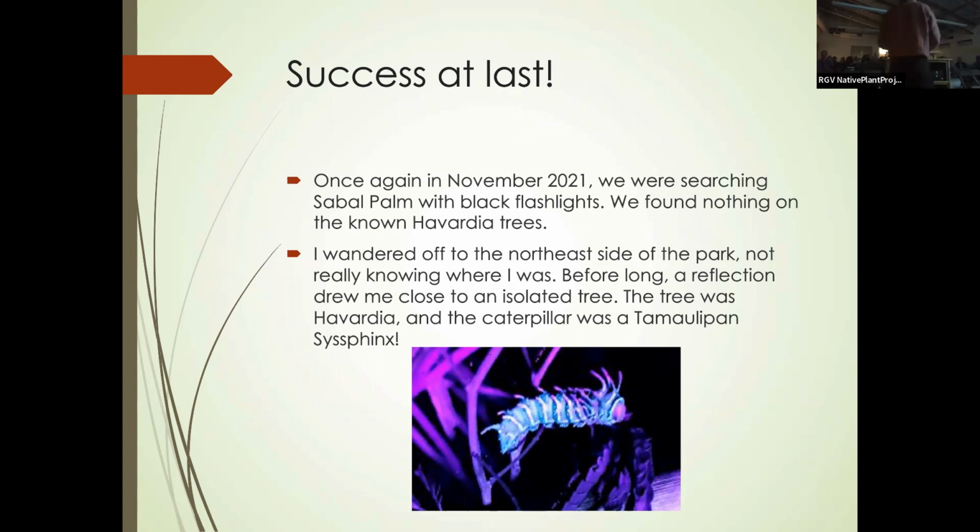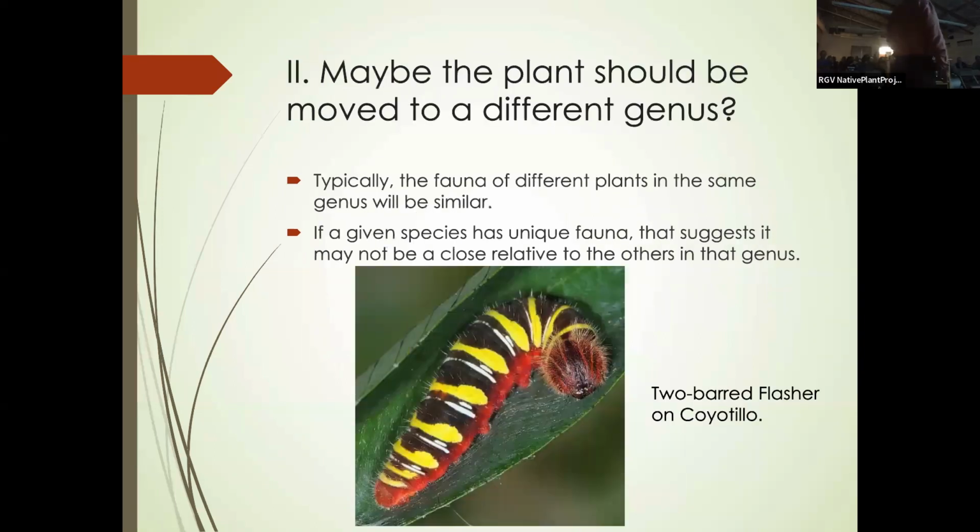Now, the flip side of this is sometimes what we find, if we find different caterpillars on a plant, they usually, one plant will have several different caterpillars that feed on it, it might suggest that it's not as closely related to everything else in that genus as you would think. An example, well, that's what this is saying.